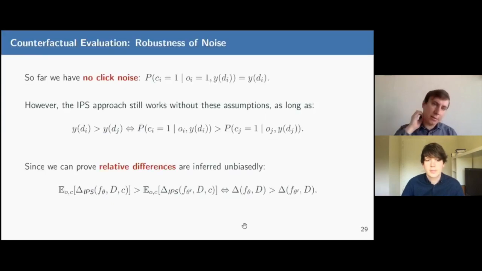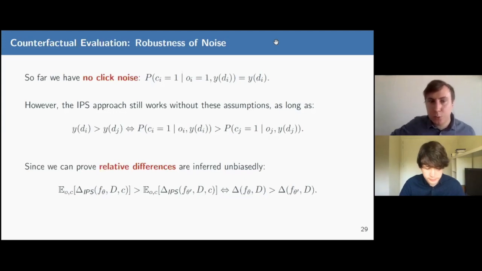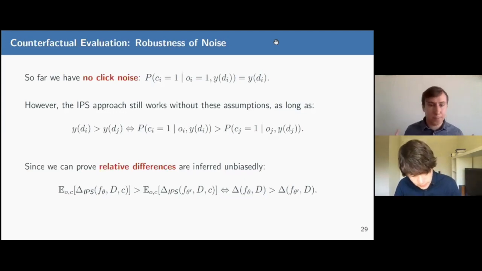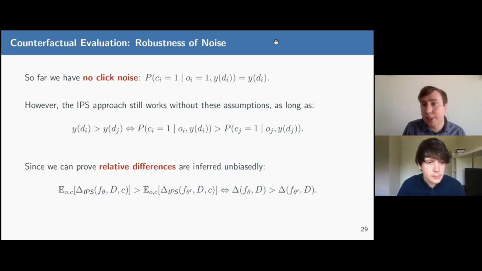With that, I will wrap up the counterfactual evaluation part. To summarize, what we've seen here is that we can do evaluation. We can take some new ranker, f theta, and we just want to know how well this ranker works, and do that purely based on historical interaction data, historical clicks, and without having access to annotated relevance judgments.